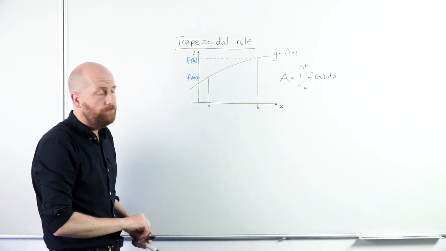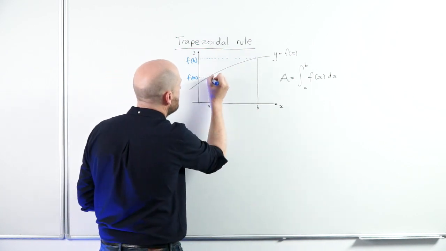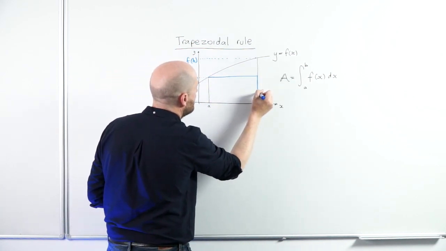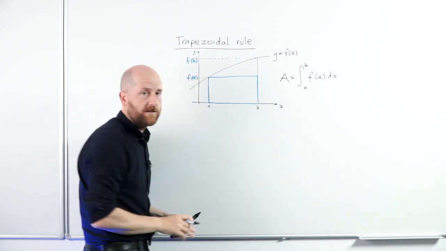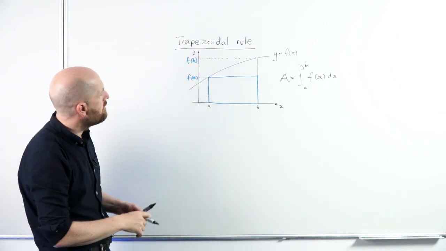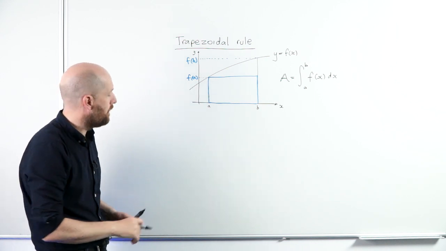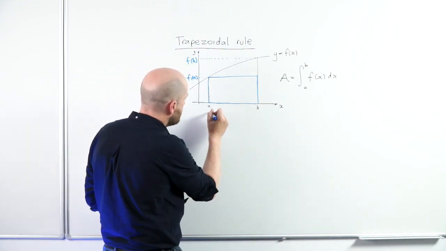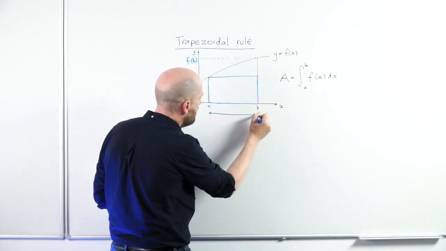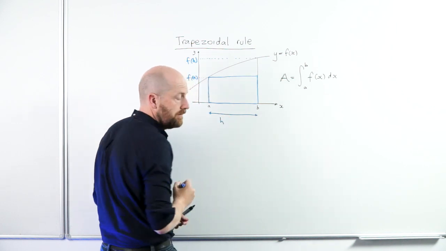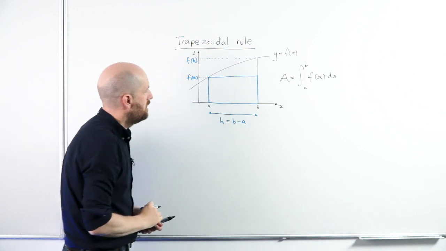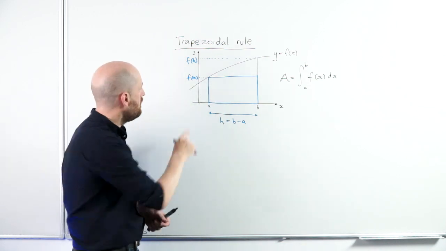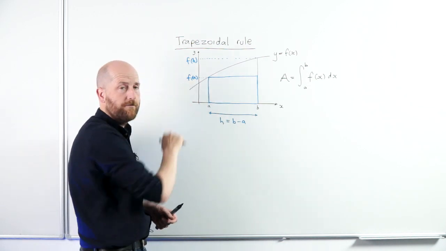Well, what I could do is simply take the area of this rectangle. The area of that rectangle is pretty easy to work out. Let's call this distance between a and b h, so in this case it's b minus a. I know the height of my rectangle, it's this value f of a.